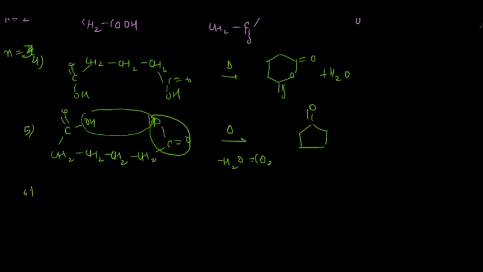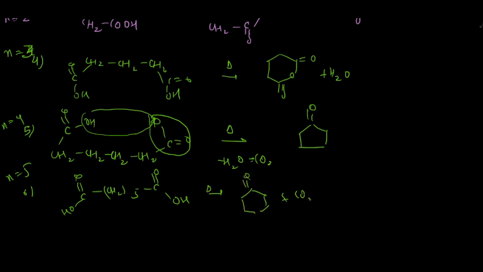When n equals 5, here n was 4, here n equals 5, C double bond O, OH, CH2 five times, C double bond O, OH. Here also both CO2 and H2O should release.